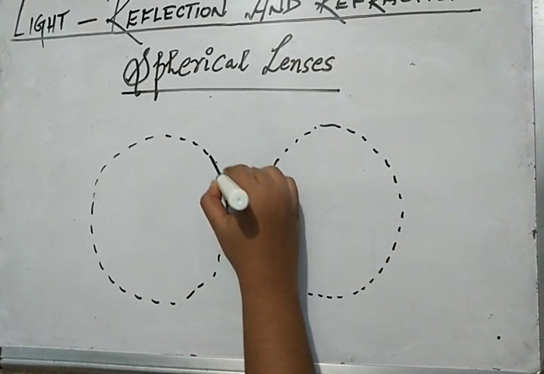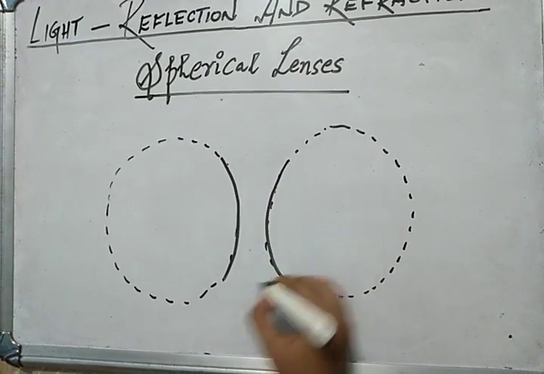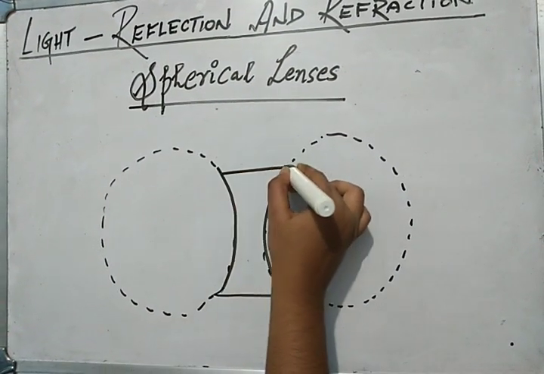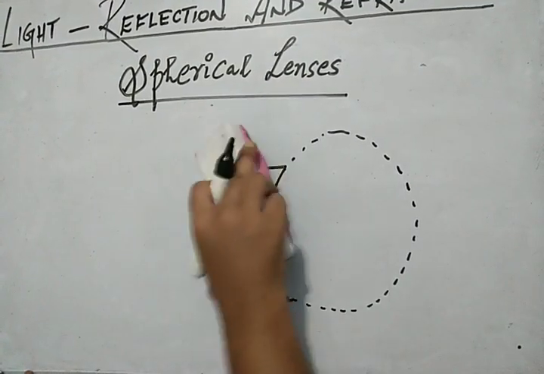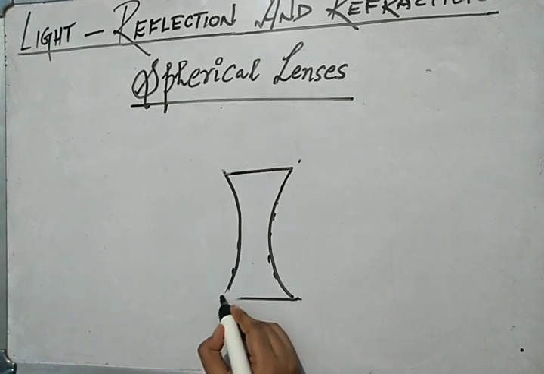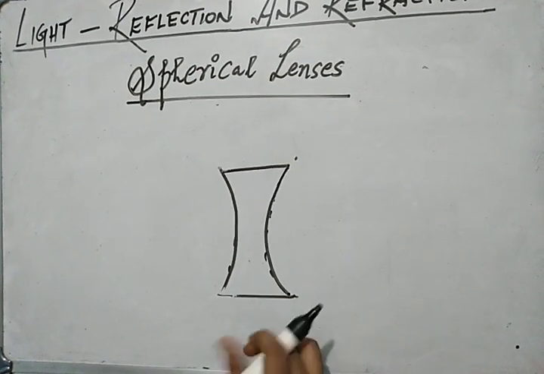I take only this part. I do not want the other parts. This is how a concave lens is formed. Concave lens, or divergent lens.